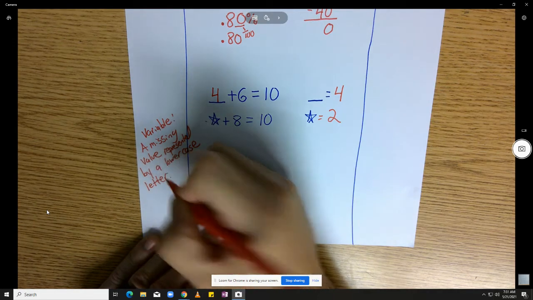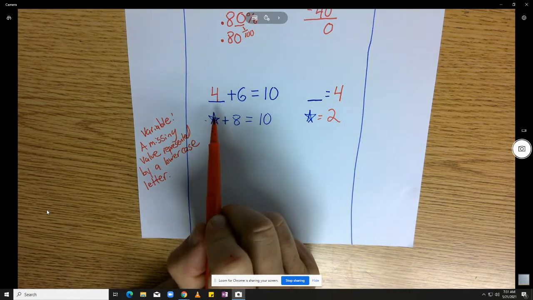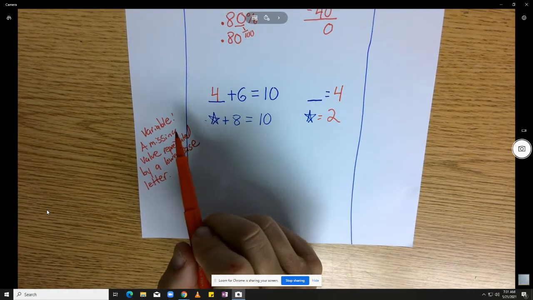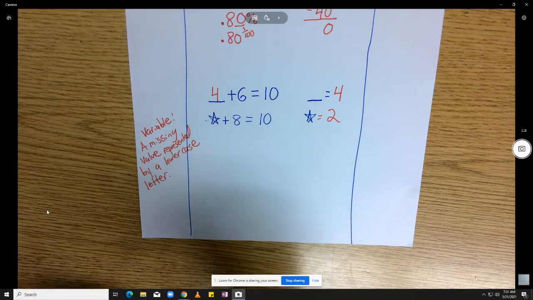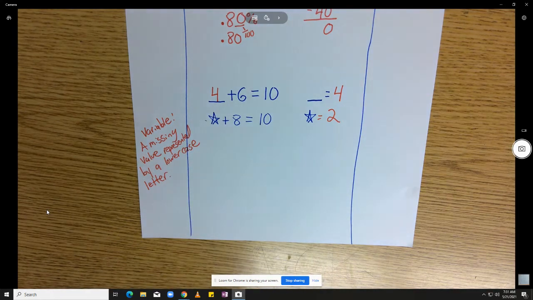So instead of using a blank or a symbol, a star, a heart, a smiley face, something else, they start to use a lowercase letter. Now, what lowercase letter do you choose? That's the magic. Any letter you want.